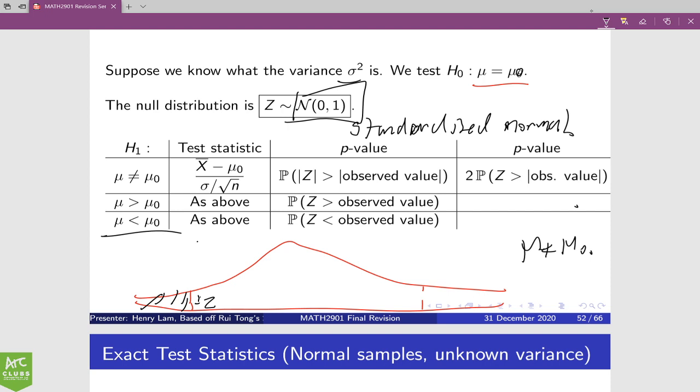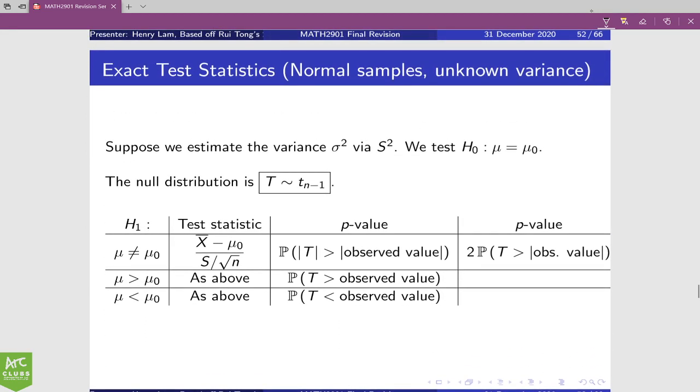If the mu truly was smaller than mu0, this value here would be negative, because x bar is a consistent estimator of mu. And since it's consistent, you would suspect that this would get to the true value. So this thing would be negative overall, and that's why you look at smaller than. The reverse is true for mu greater than mu0: you look bigger than because it's positive.